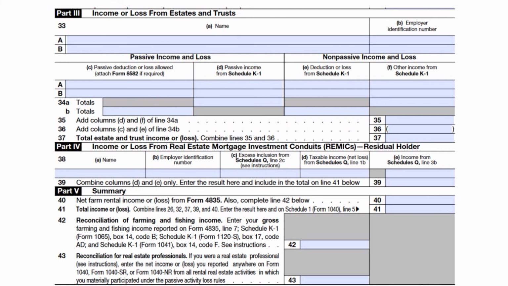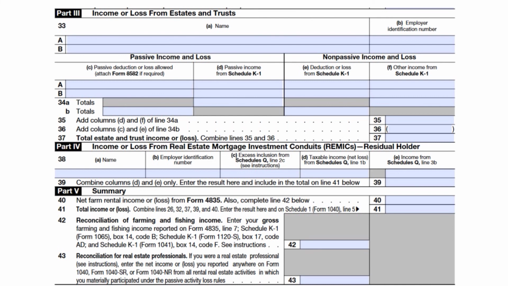Every year, according to research, less than 5% of the Schedule Es filed with the IRS are from estates and trusts. So here on line 33, you put the name of the estate or trust, and you put the EIN. You indicate whether we're talking about passive income and loss or non-passive income and loss, and you put the total.